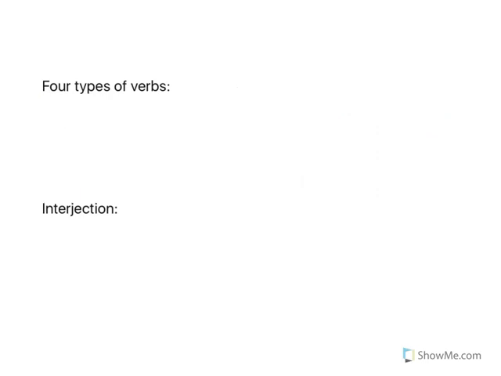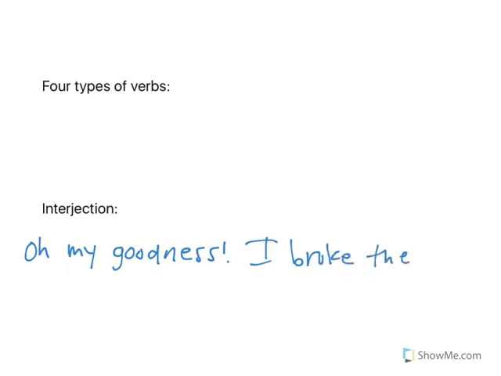Alright, so next we have an interjection. An interjection is a word or a group of words used as a sudden expression of feeling or emotion that is not grammatically connected to the sentence. So an example of this would be in the sentence, "Oh my goodness, I broke the window."